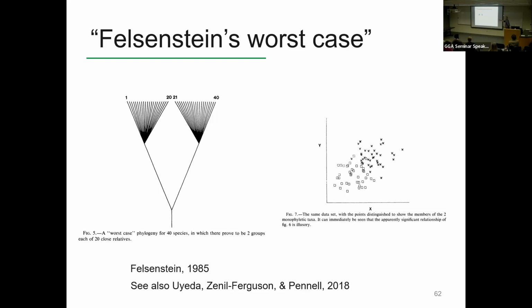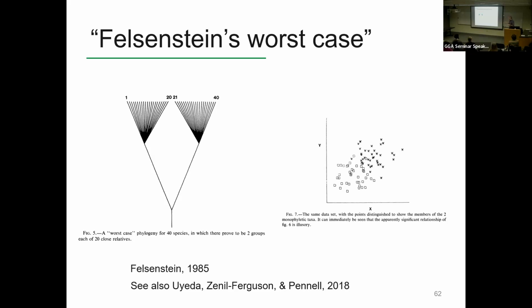If you had two trait measurements on these tips, X and Y, you might see a pattern like this. And you might conclude that with 40 observations, the apparent correlation between X and Y is strong evidence that those traits are related in some sense.